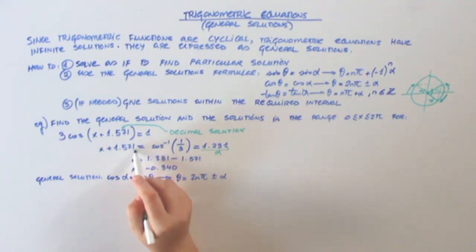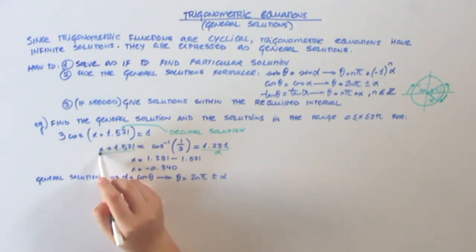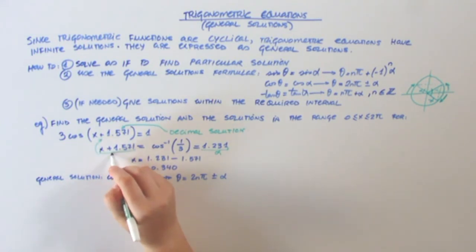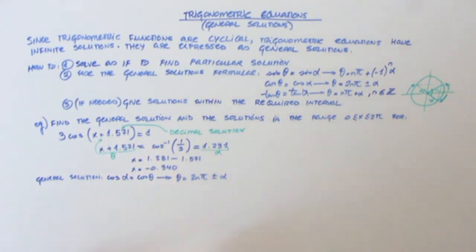This 1.231 here. And theta is everything that was affected by the cosine. So in our case, theta is x plus 1.571. So I need to be careful on that, but once I identify those, I can substitute in here.